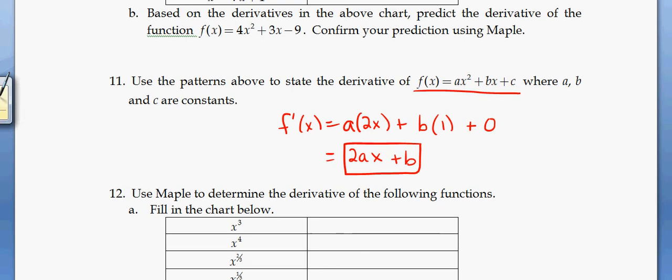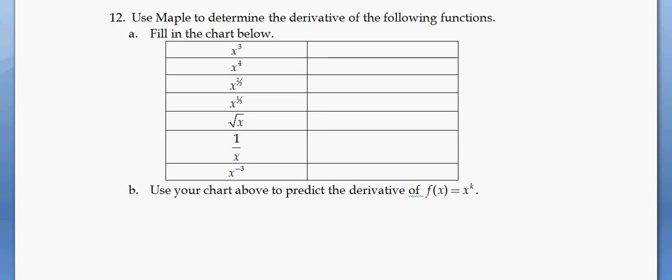Okay, again, we want to use Maple to find some more patterns. So for number 12, what you should have found would be 3x squared, 4x cubed. And again, I'm going to save this for you to fill in. In general, what you should have found is that the derivative of x to the k is k x to the k minus 1.